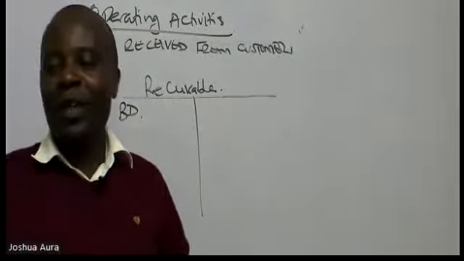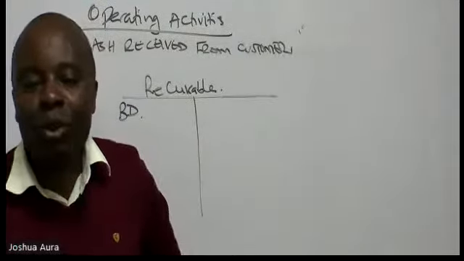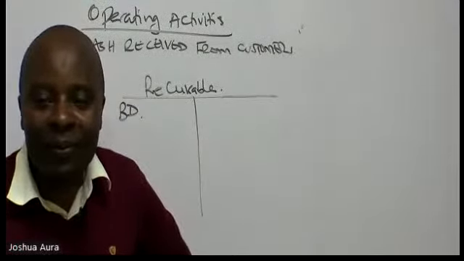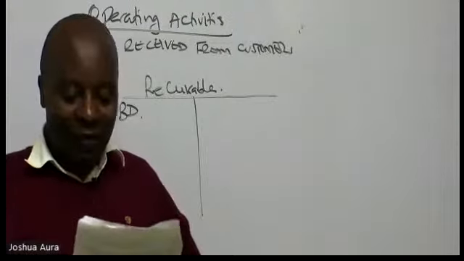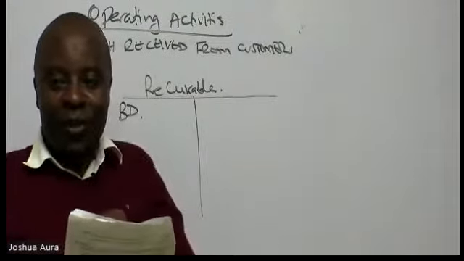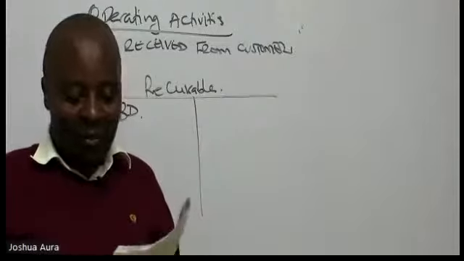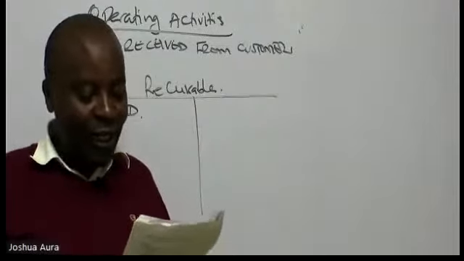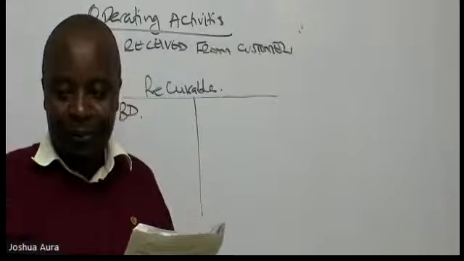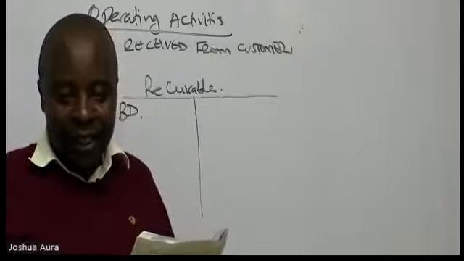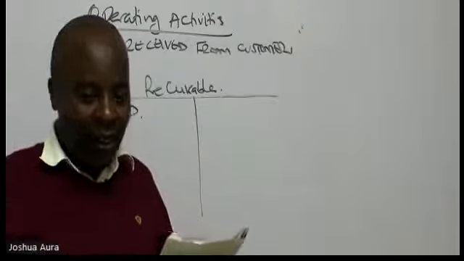From the statement of financial position given, are you guys able to see the balance brought down of receivables in the current assets, from 2016 to 2017? 3120, isn't it? Thank you so much.